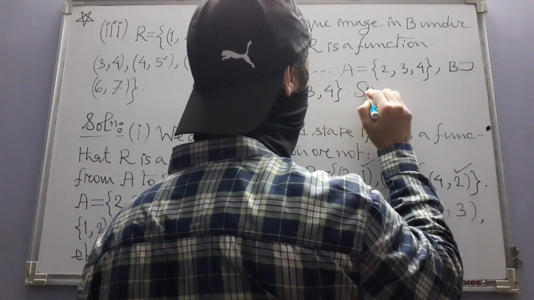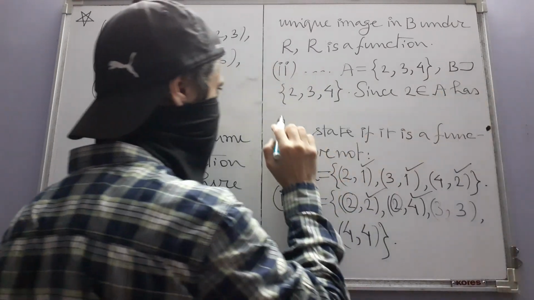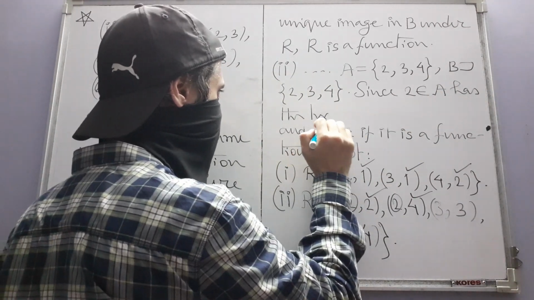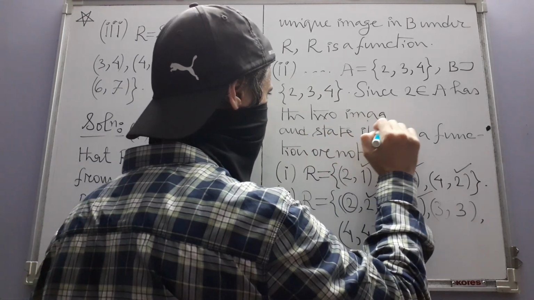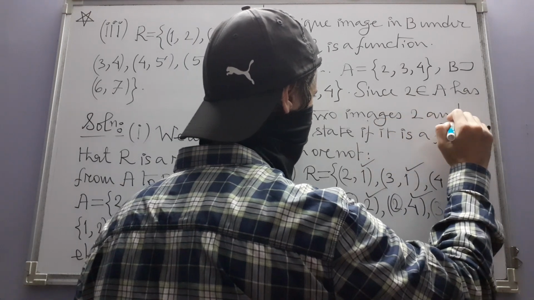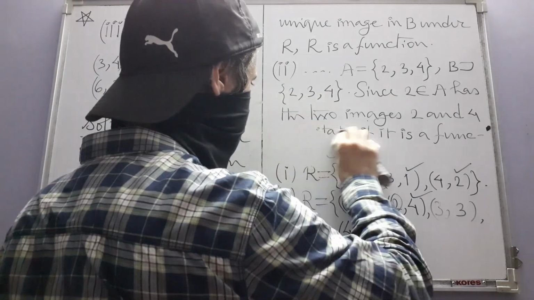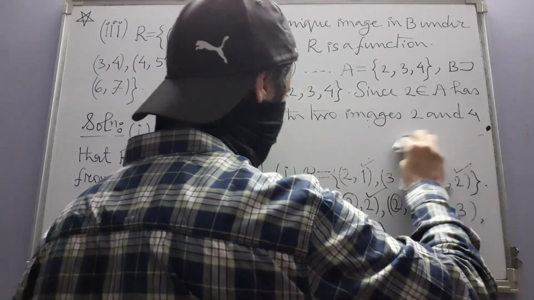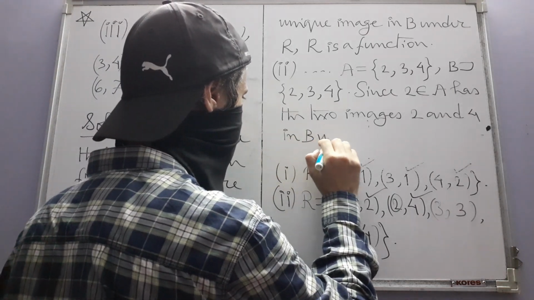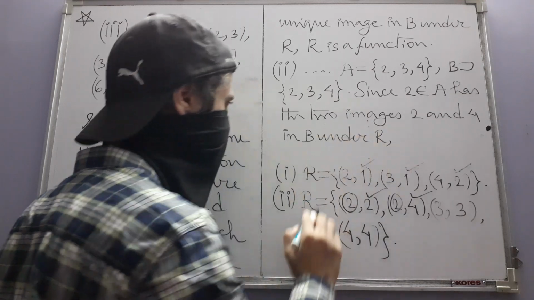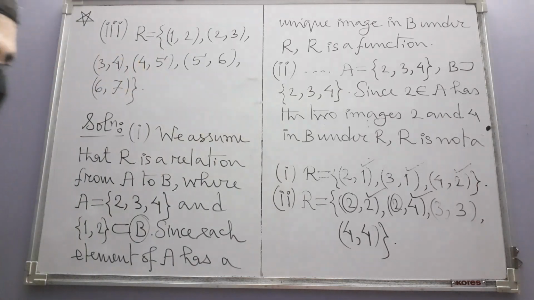Since 2 from A has the 2 images, 2 and 4 in B under R, this R is not a function.